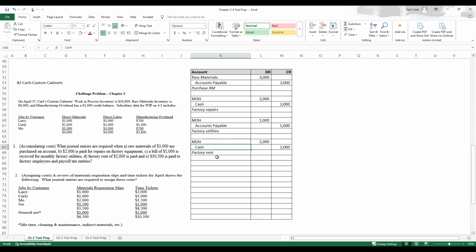10,500 is paid to our staff for our factory salaries and wages, etc. So we're going to say factory payroll expense is our debit, and we'll just say 10,500 there.